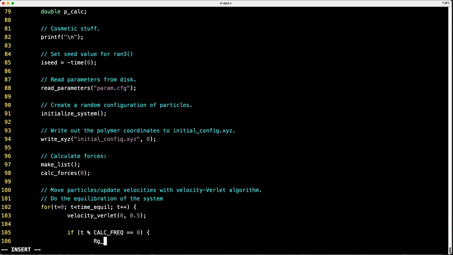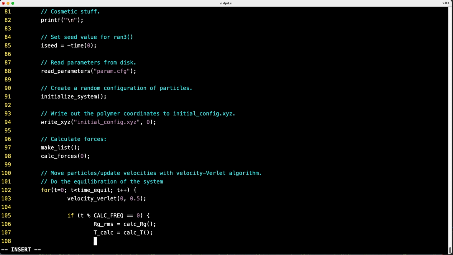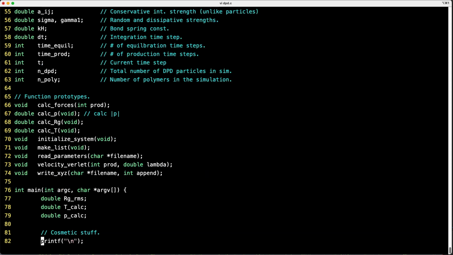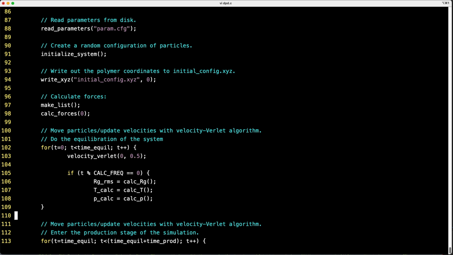Then we can say RG RMS equals calc RG. The temperature calculated would be calc T. And the momentum that we calculate would be calc P. Did I get the case right on those? I did. Okay, so we've got those values.